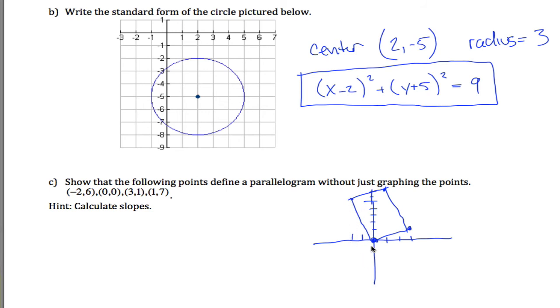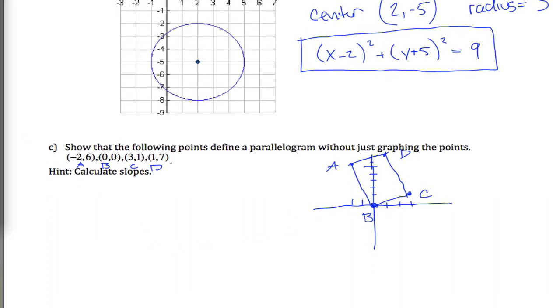Well, it's a parallelogram if this is parallel to this and this is parallel to this. The way you can figure out if lines are parallel is if they have the same slope. So this is A, B, C, D. What I can do is start calculating slopes.